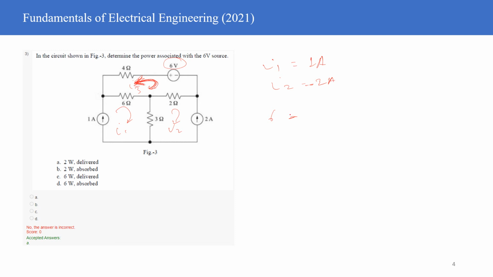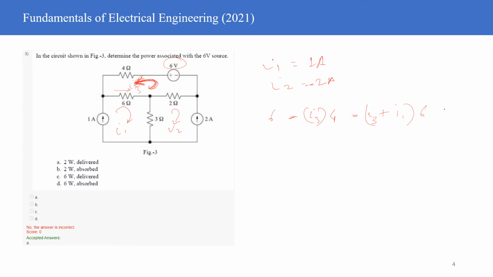So it's 6 volt minus I3 into 4, right? And then the current is going here in this branch like this, and this current is also in the same direction. So it is 6I3 minus, minus 6I1, minus I1. So it will be added together into 6 ohm.